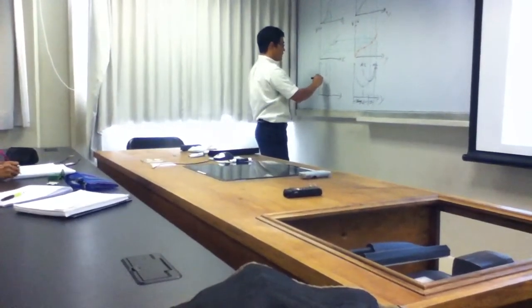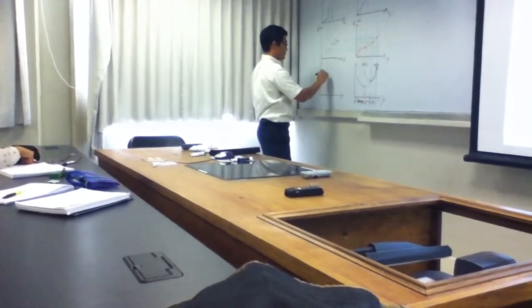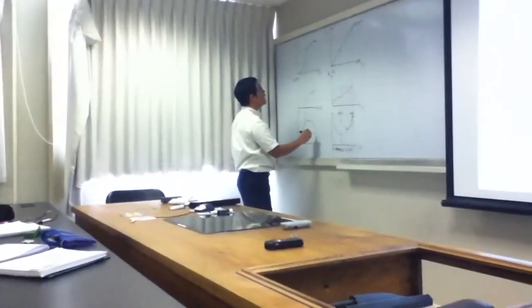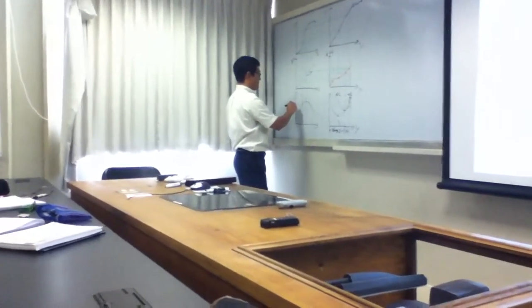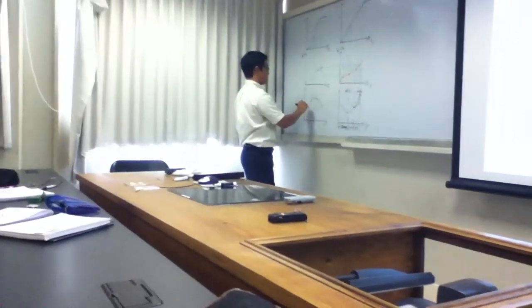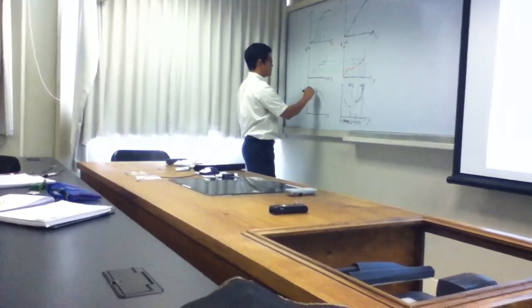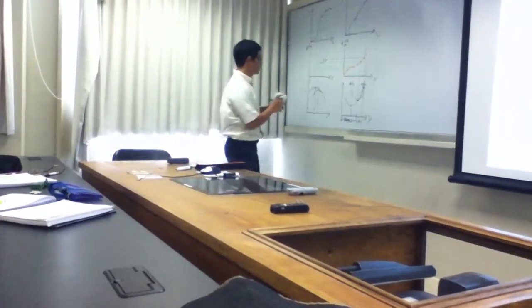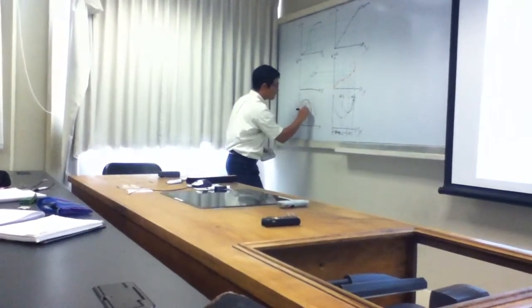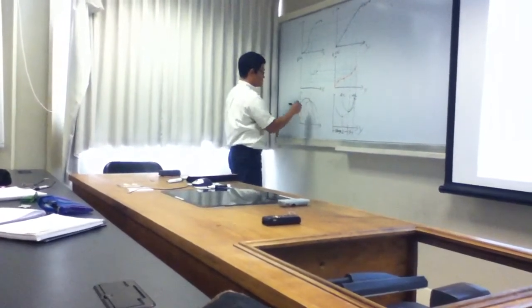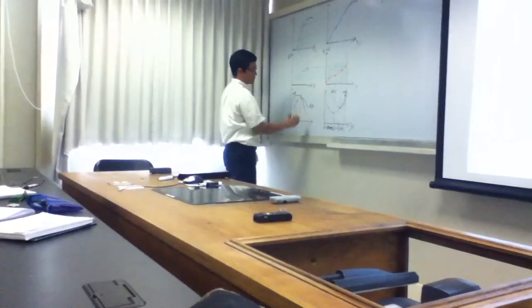We have something that looks like this: marginal productivity, average product.